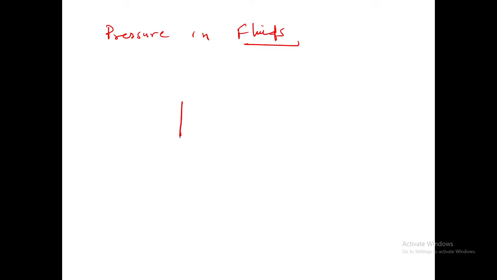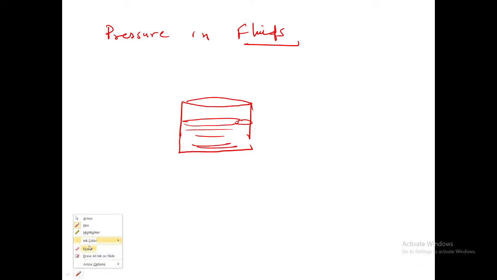Suppose this is a container, and in this some liquid is placed. In this case, the fluid exerts pressure perpendicular to the surface, and this is always perpendicular to the surface.